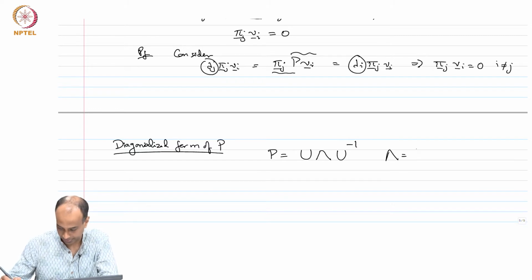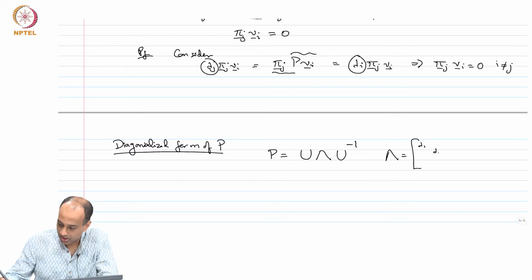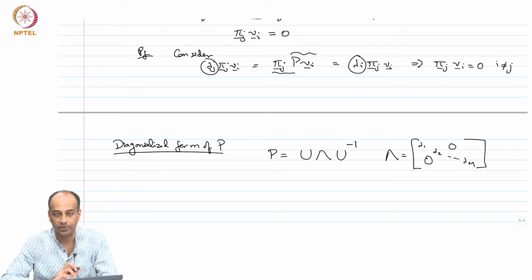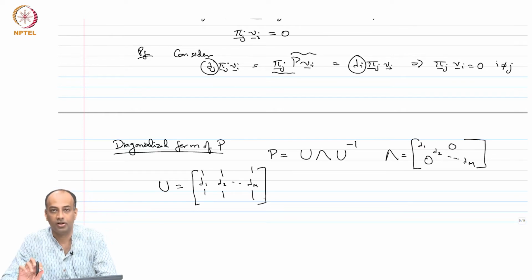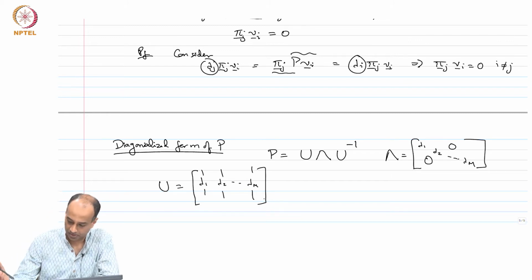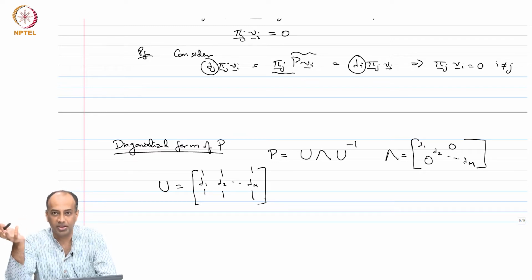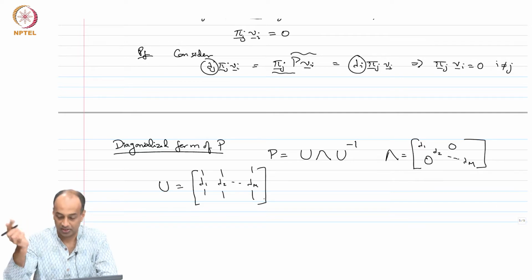This lambda is simply the diagonal matrix of all the eigenvalues, all right. U is the matrix of all the right eigenvectors made into a matrix, all right. You can always show that this sort of diagonalization can be done as long as the lambdas are distinct, right.